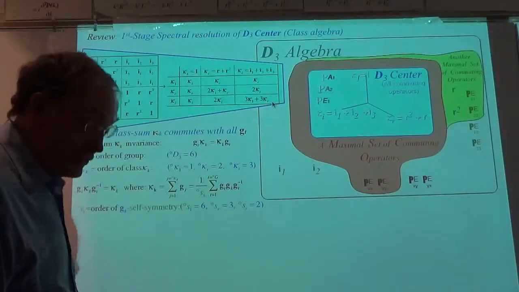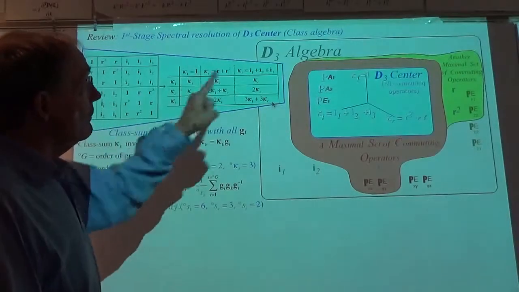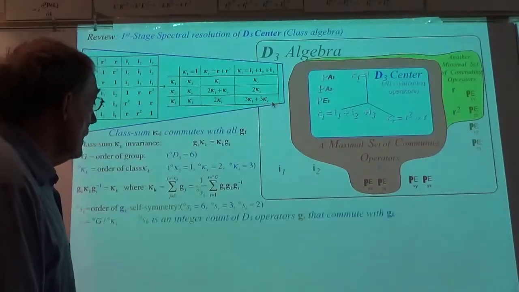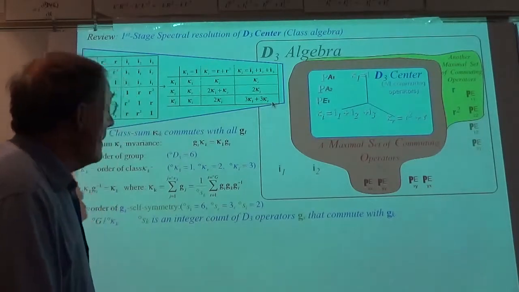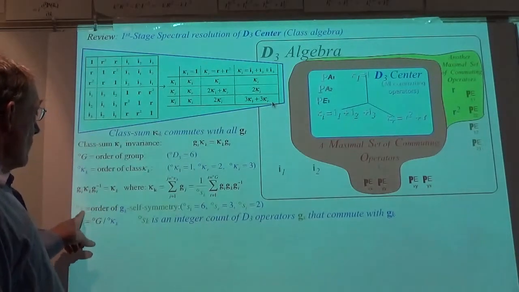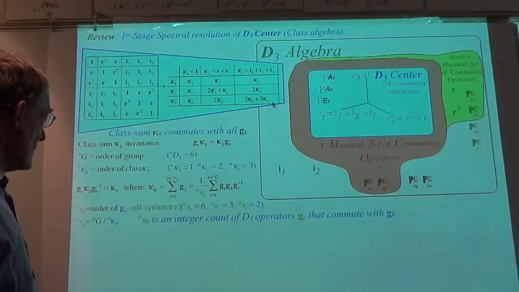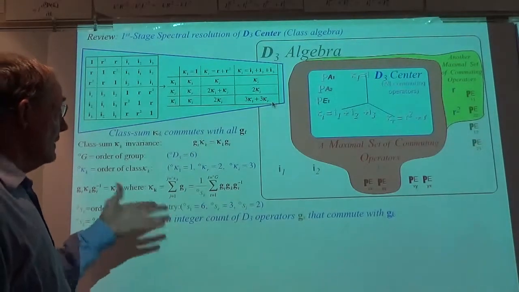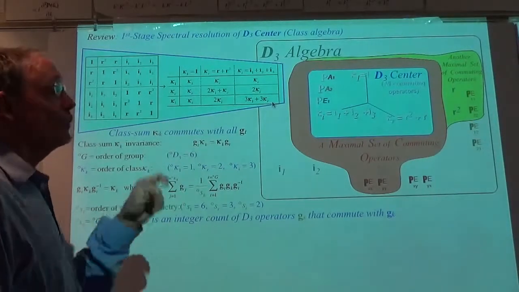So that is something we're headed toward, but we don't worry about that right now because we're only interested in the center and its various properties of commutation, including what we call cell symmetry. Okay, the cell symmetry of any element is the number of elements that commute with just it.